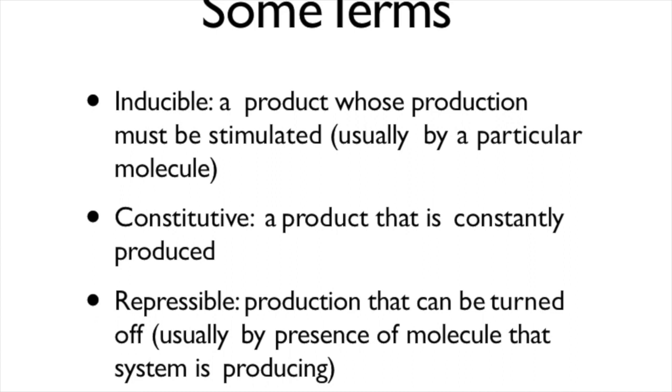Okay, so a gene that is classified as being inducible is one whose gene product will be produced if that system is stimulated, okay? And there's usually some specific molecule that initiates or stimulates the transcription of that gene. And most of the time, it's a molecule that's related to the function of the protein that would result from transcription and translation of this gene.